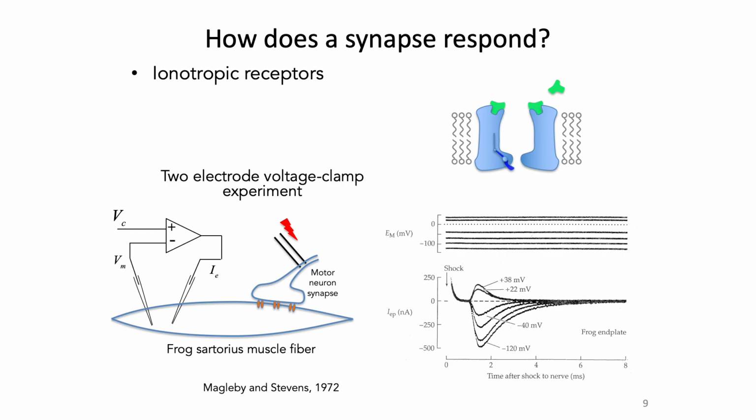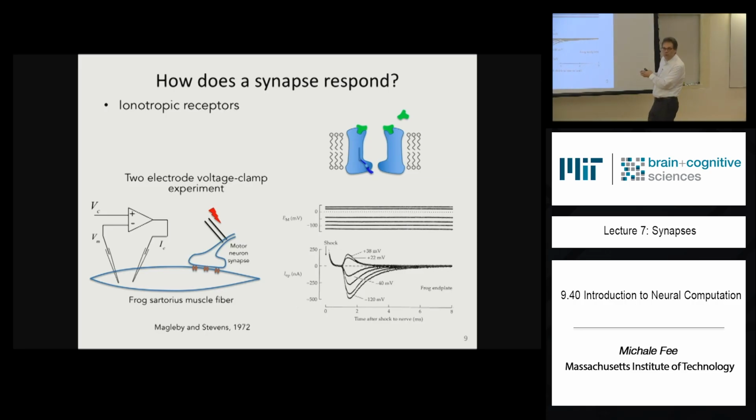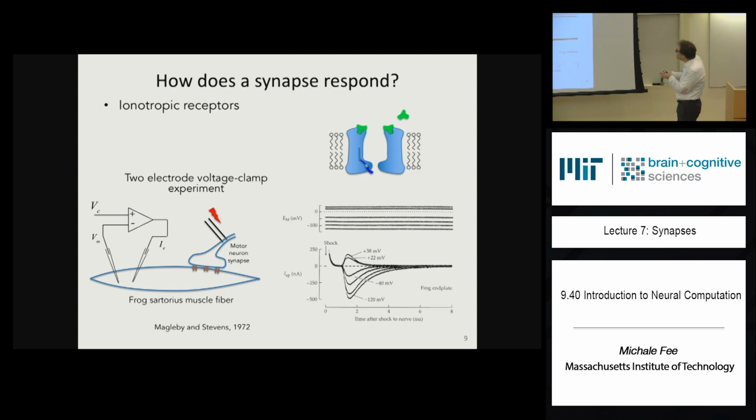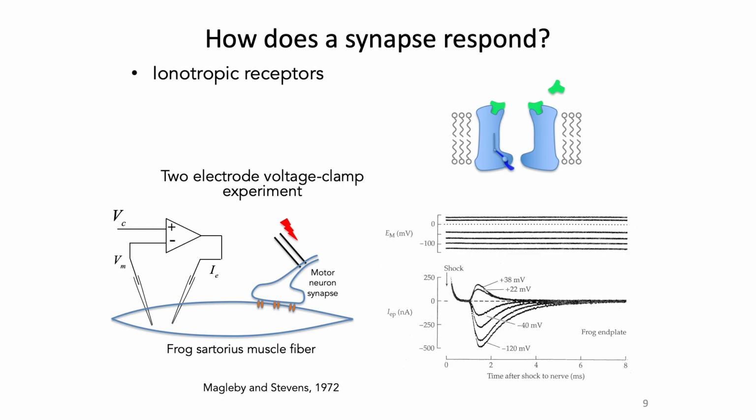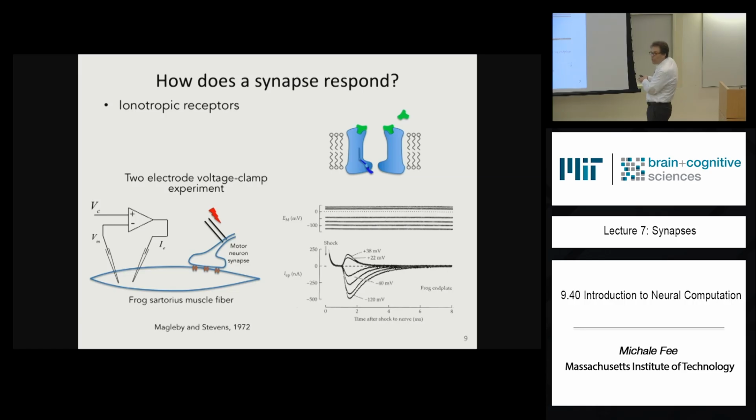So what you can see is that the current that goes through these ion channels is different depending on the voltage that you hold the cell at. If you hold the cell at a negative potential, here the voltage is like minus 120, after you shock, you see this large inward current.